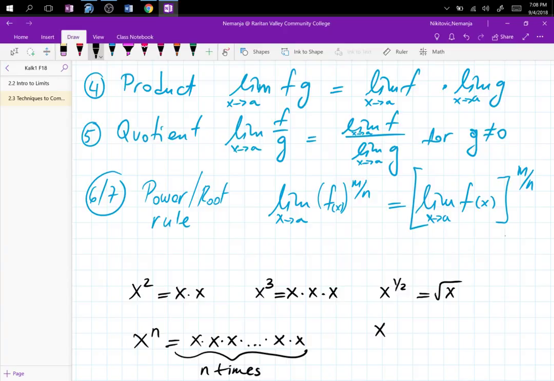So now if you have x to the 1 over, let's say, m, that's going to be the mth root of x.